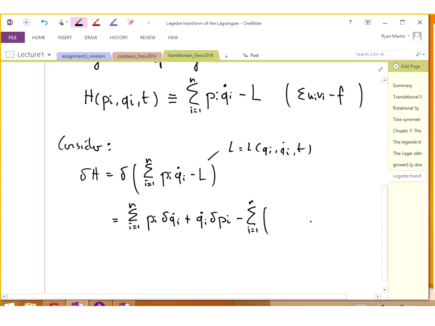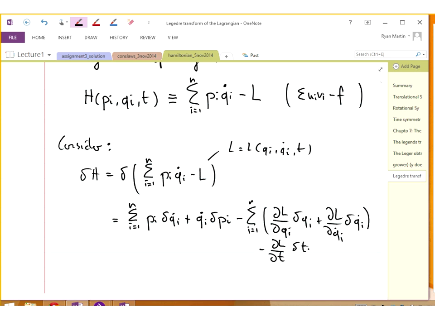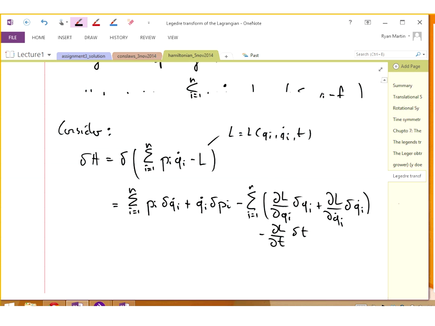That's minus the sum from i equals 1 to n of ∂L/∂q_i delta q_i plus ∂L/∂q_i dot delta q_i dot. And then L also depends on t, right? So then it's minus ∂L/∂t delta t. That term is outside of the sum.